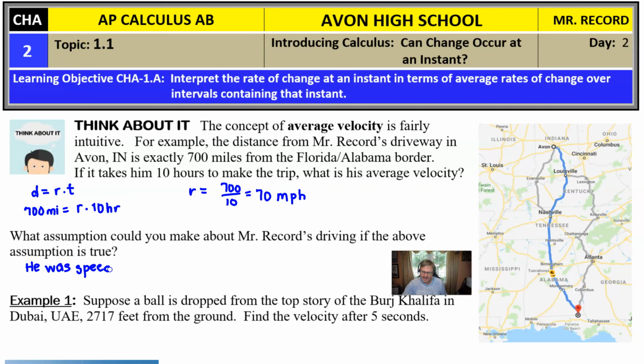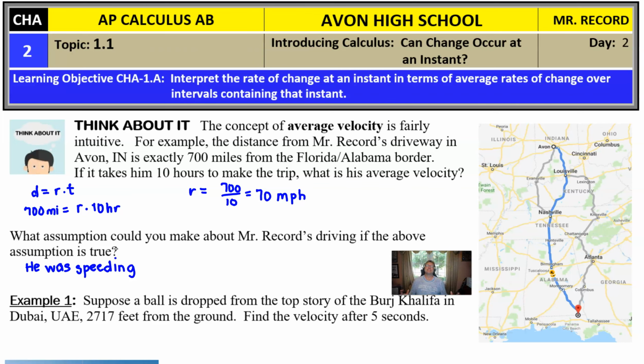If my average was 70, that means there were possibly times that I was going less or more than 70 miles per hour. For example, pulling out of my driveway, driving through my neighborhood, getting on an on-ramp, going through the fast food drive-through at Burger King.